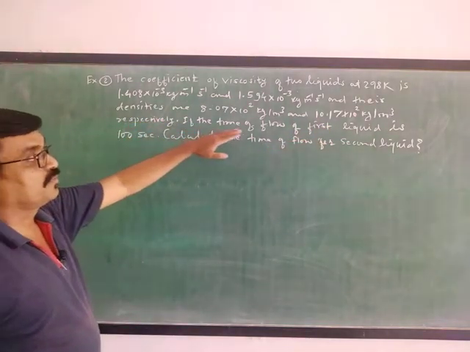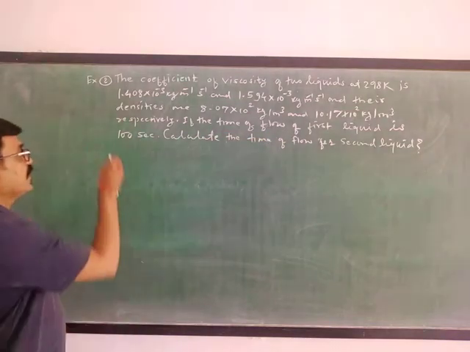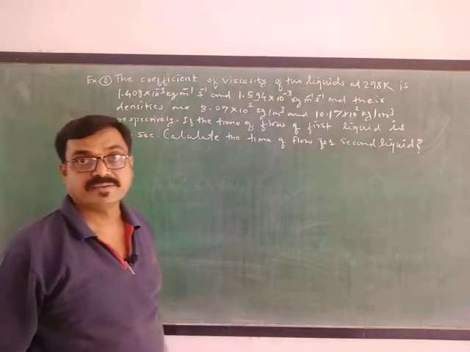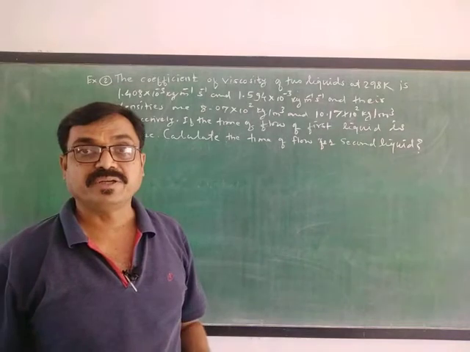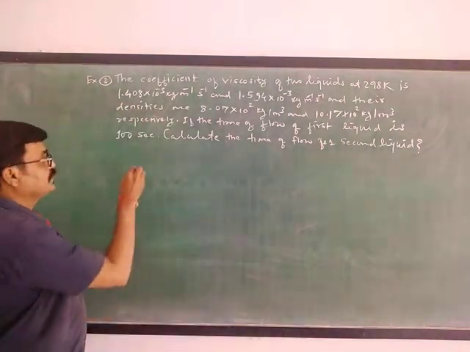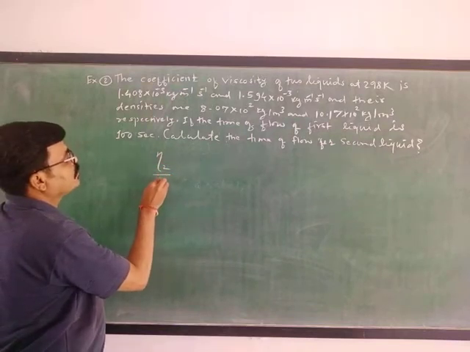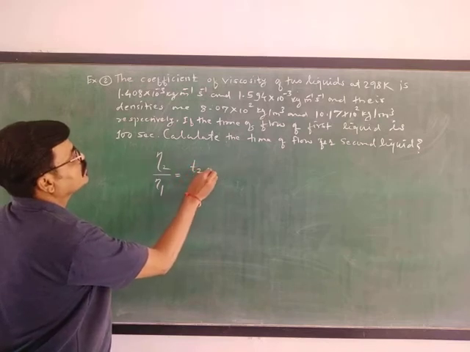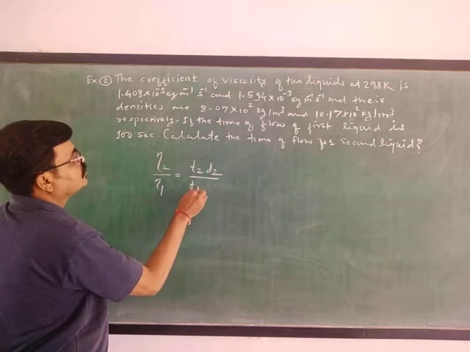If the time of flow for the first liquid is 100 seconds, calculate the time of flow for the second liquid. This problem is based on the coefficient of viscosity, and you know the formula: eta 2 upon eta 1 is equal to T2 D2 upon T1 D1.